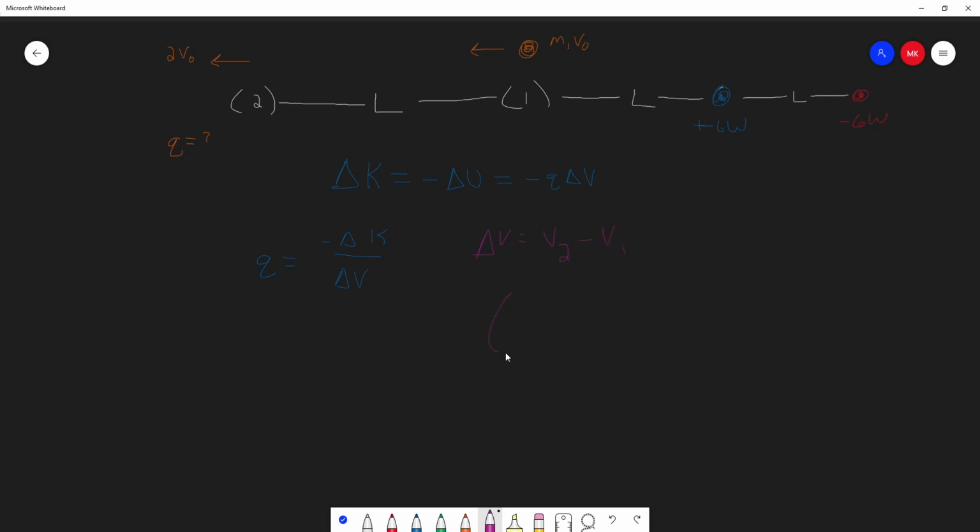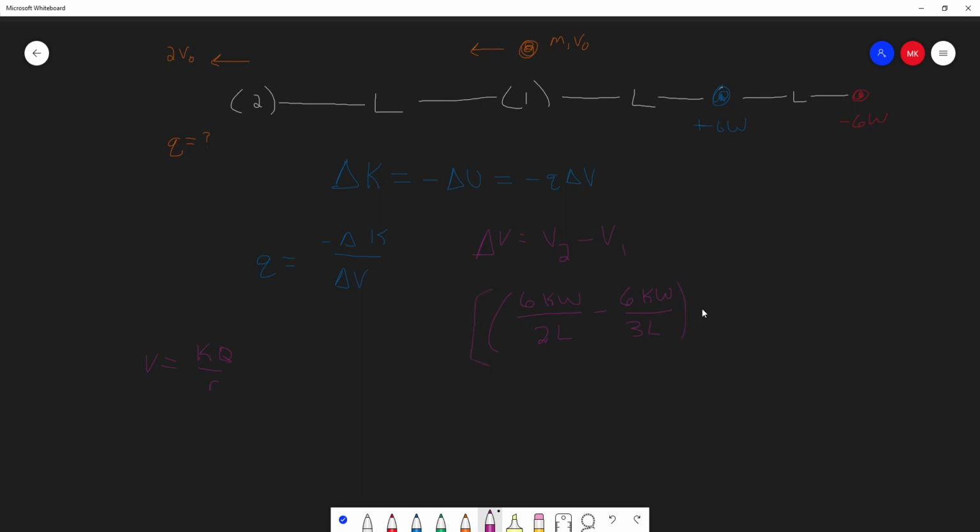Well, V2, if we're looking at 2, these are our two charges that create a voltage. So remember our voltage is just KQ over R. Well, we have this positive charge, so we have 6kW over our distance, L plus L is 2L. And then we have this negative charge, so minus 6kW over distance 3L.